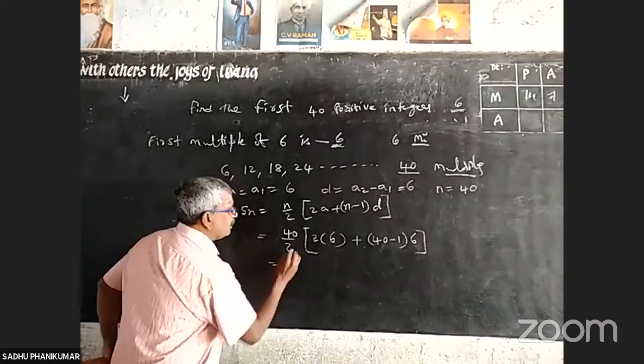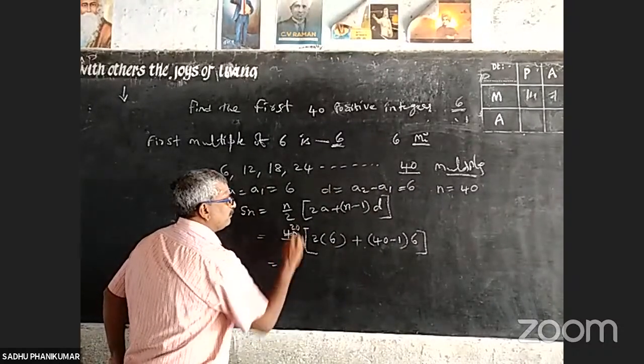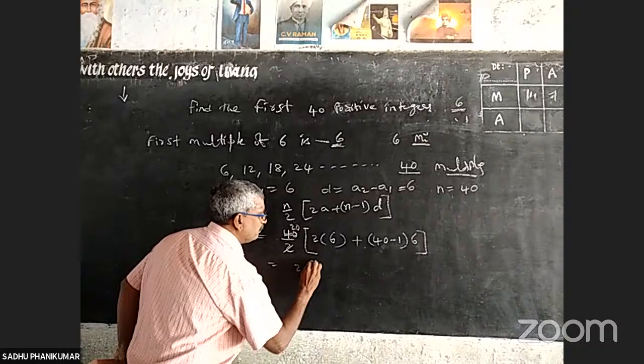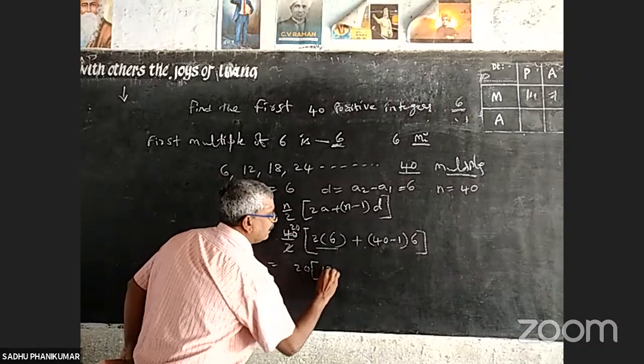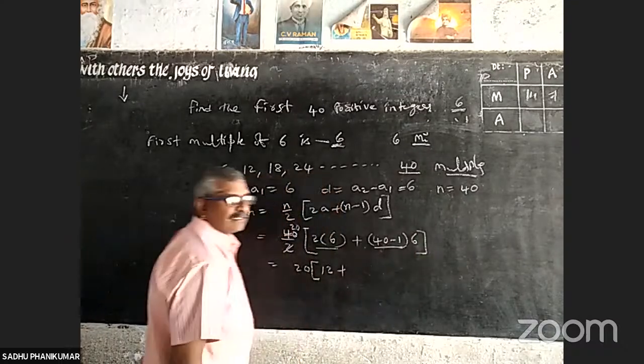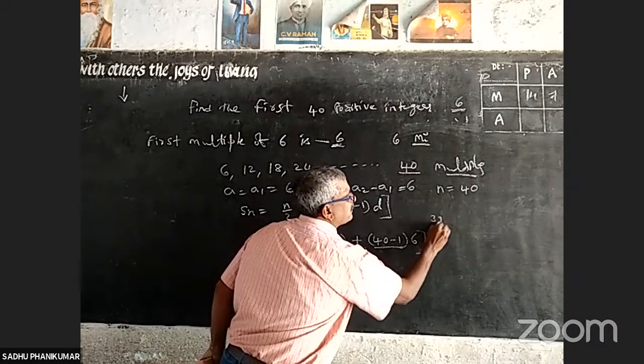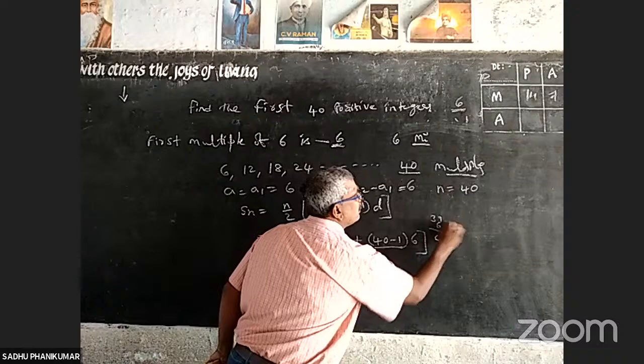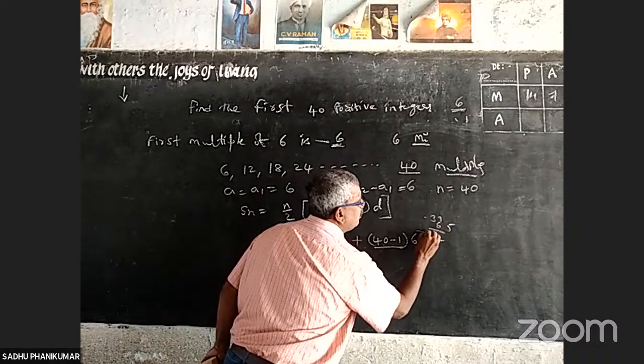That is equal to 20 into (2 into 6, that is 12, plus 39 into 6). 39 into 6 is 234. 234 plus 12 is 246.